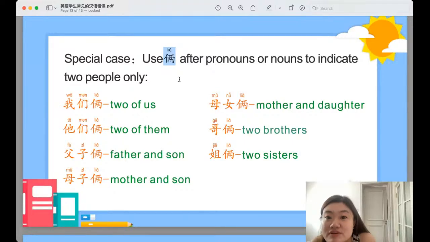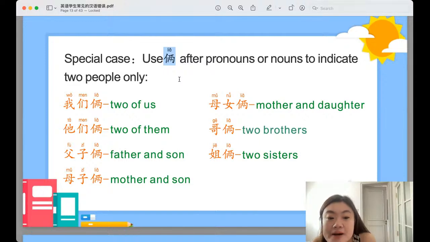For example, if you say two of us, you say 我们俩. 我们 is we or us, 俩 is two of us. If it's two of them, 他们俩. 他们 is they, 俩 is two of them.